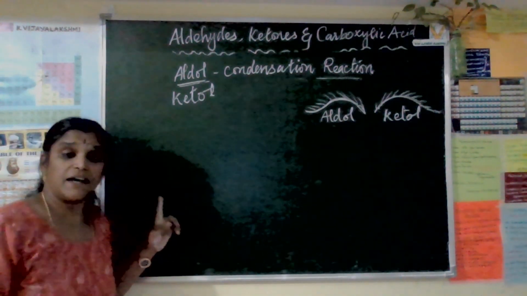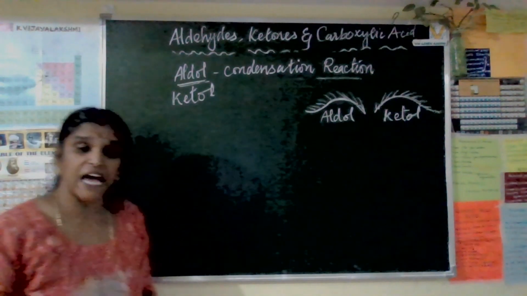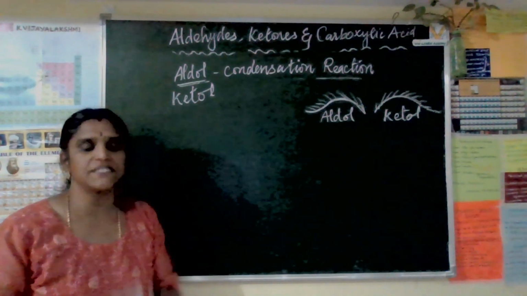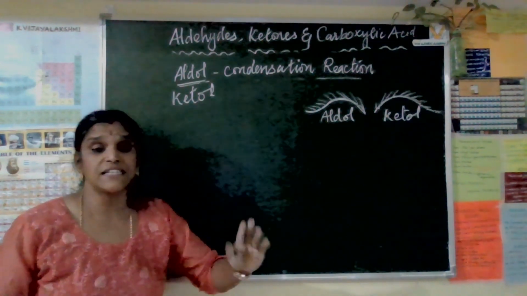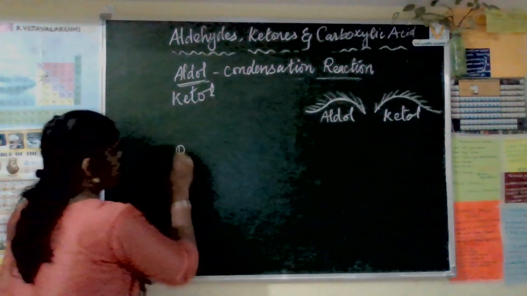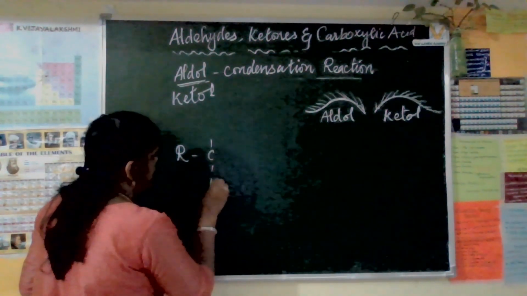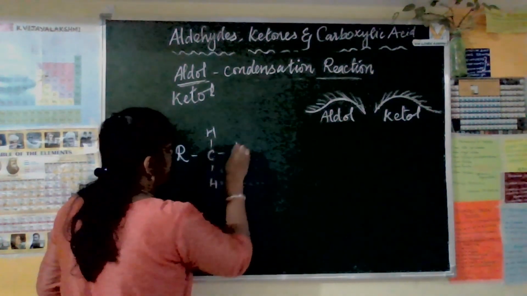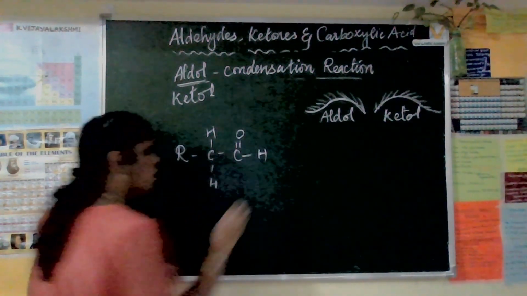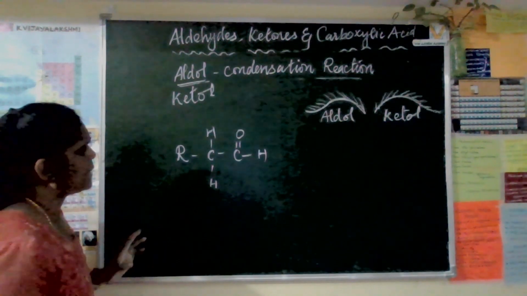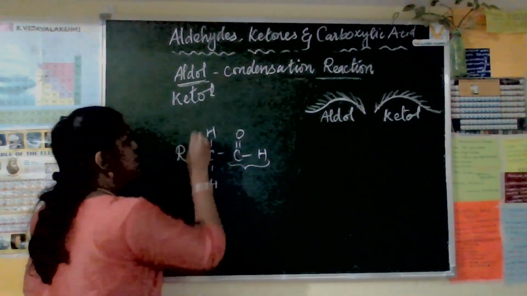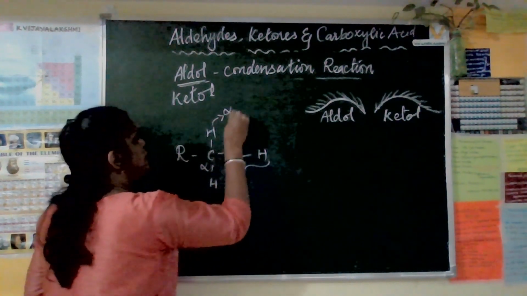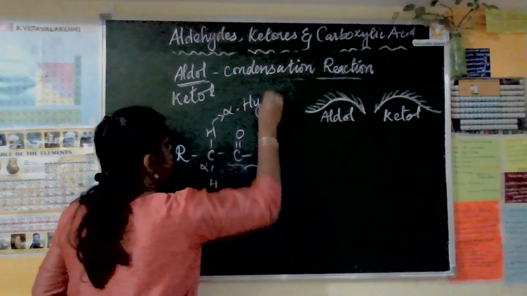In this aldol and ketal formation, what is responsible is the alpha hydrogen; alpha hydrogen is acidic in nature. As we are writing, you will come to know: here hydrogen, here C double bond O, here H, a carbonyl compound. This is the functional group, this is the alpha carbon, and this is the alpha hydrogen.